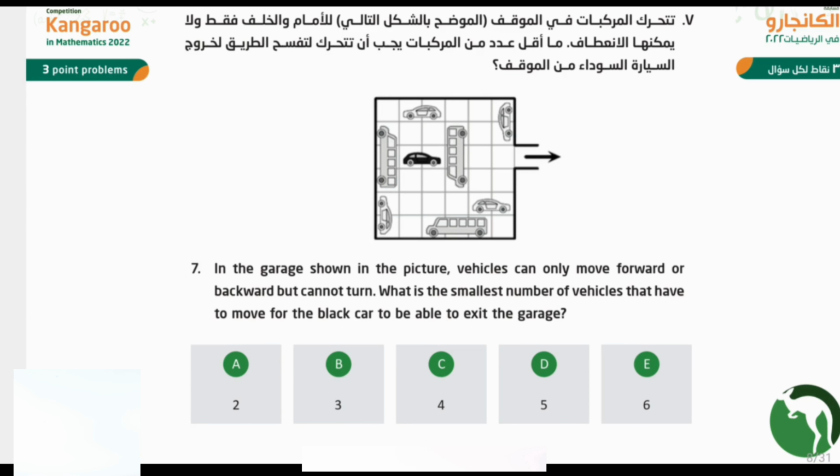In question number 7, in the garage shown in the picture, vehicles can only move forward or backward but cannot turn. What is the smallest number of vehicles that have to move for the black car to be able to exit the garage? Okay, here for this black car, we should move this one, which is in front of it.